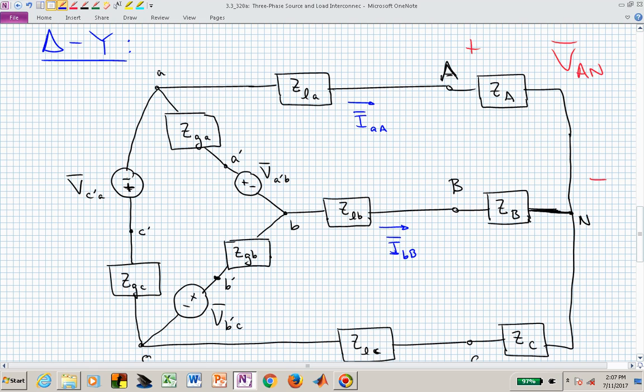Here's the delta to Y configuration, meaning our source is now a delta source and our Y is the load wiring diagram. The A phase load voltage is actually going to be V sub AN. The line voltage at the load terminals is different from that.